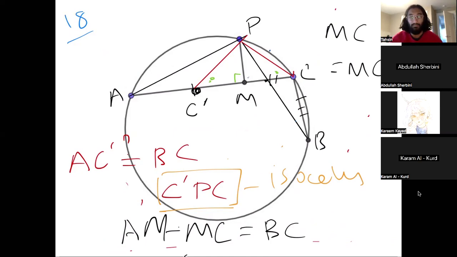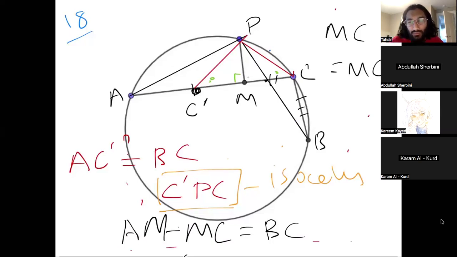Maybe you could use the fact that ABCP is a cyclic quadrilateral. Right. Okay. So ABCP is cyclic, so we get some angle equality.